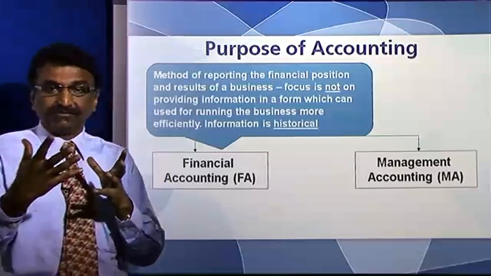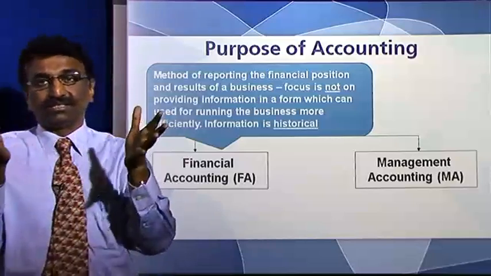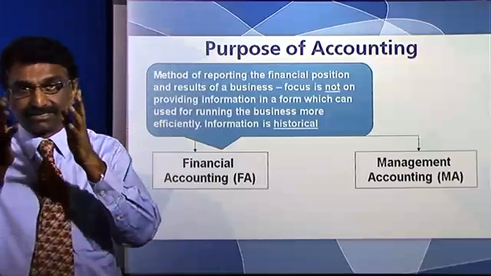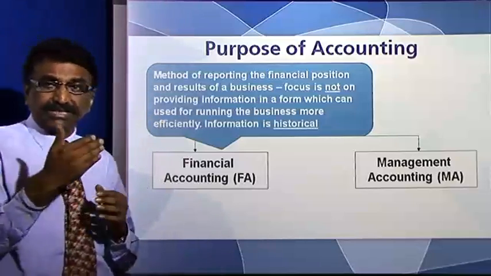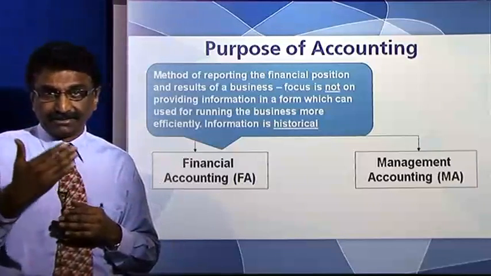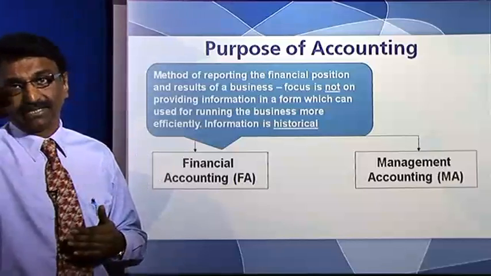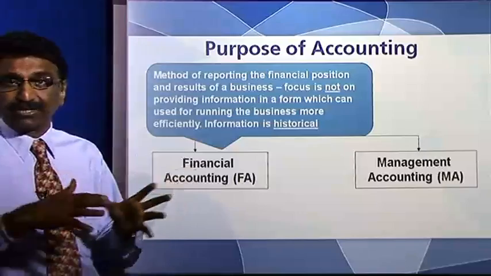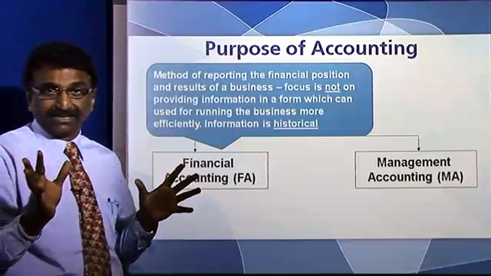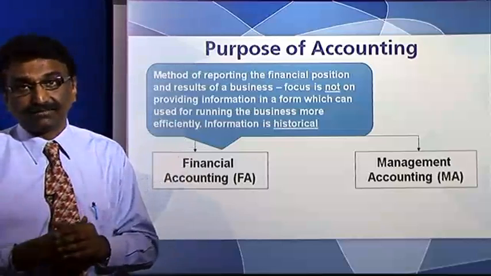It does not give me, for example, information as to how much it costs me to make a ton of cement in a cement company, or what is the cost of processing cotton in a spinning company, the cost of spinning raw cotton into spun yarn. That kind of data it doesn't give. So it doesn't give me data which I can use for efficient running of the company.